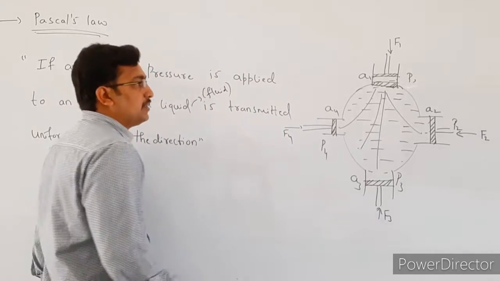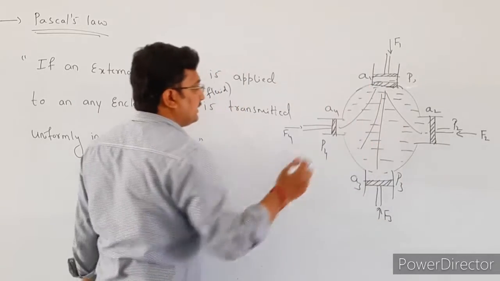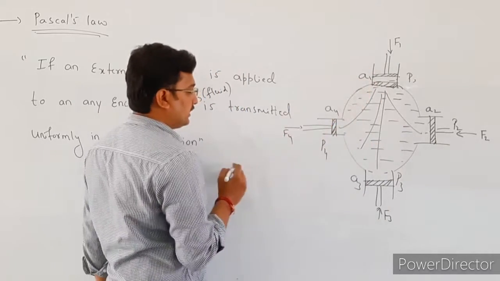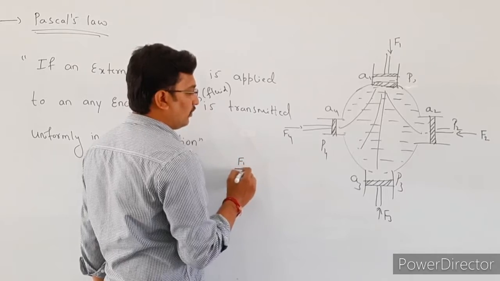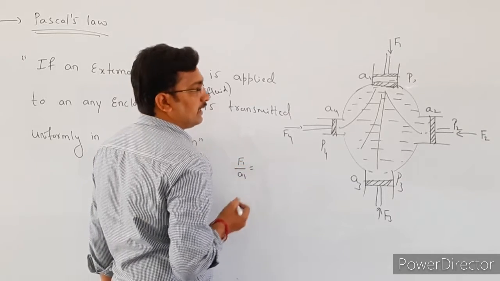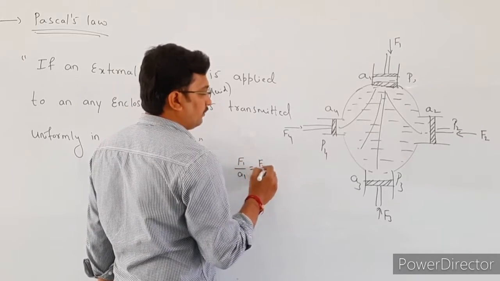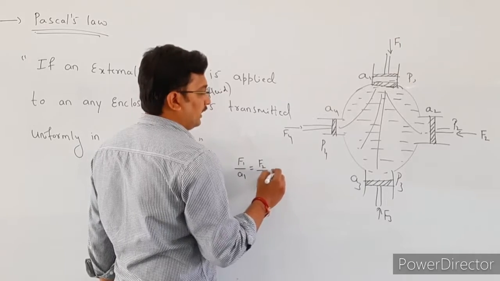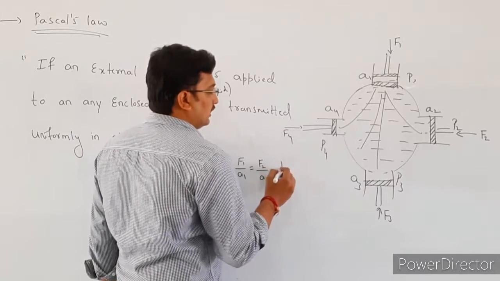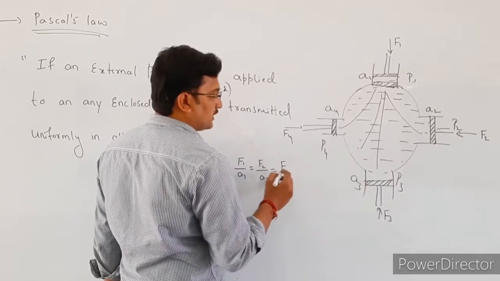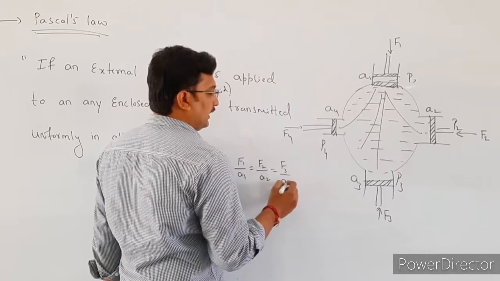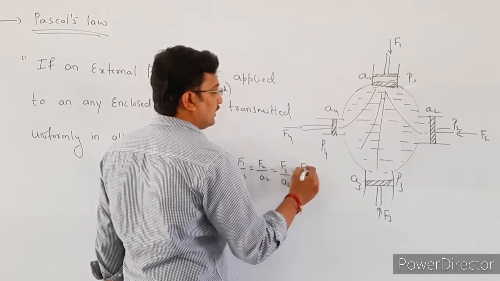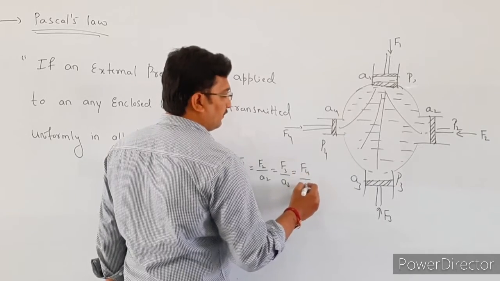Then the pressure at all the points is the same. Here the pressure at piston P1, that is F1 by A1, is equal to the pressure at piston P2, that is F2 by A2, and the pressure on piston P3 is F3 by A3, and on piston P4 is F4 by A4.